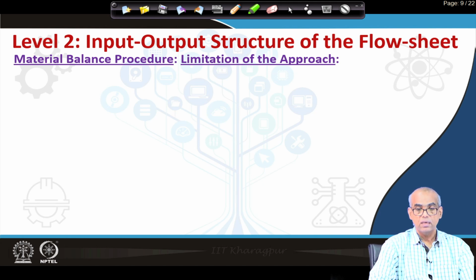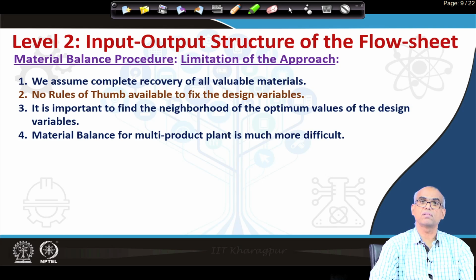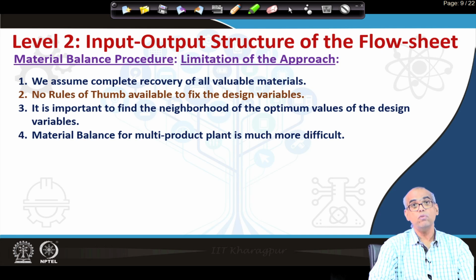Before that, let us discuss the limitation of this approach. We assume that we are able to completely recover all valuable materials. The heuristic we use is that we should be able to recover 99% or more of the valuable materials. Here we are assuming 100% recovery, complete recovery, which may not always be possible.